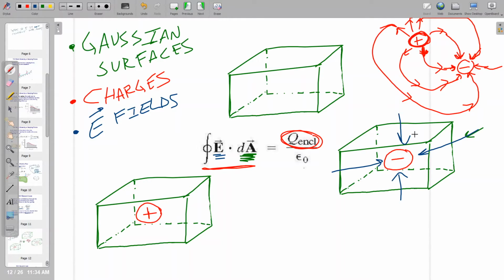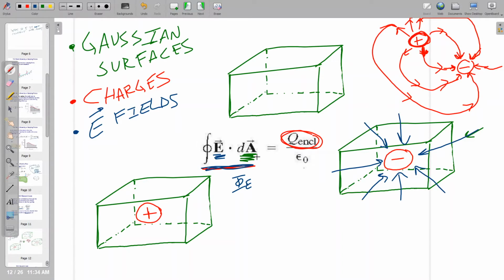So the flux is coming in through the surface on all of these sides here. And what you would get is this net negative flux. Each one of these electric field lines would be pointing in towards the charge.